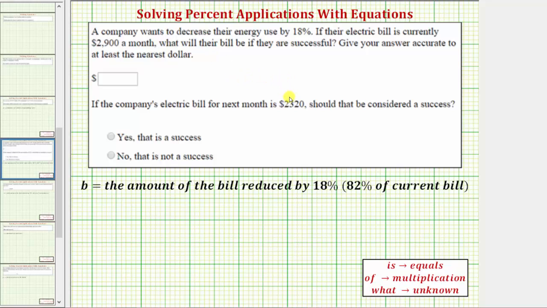We can solve it in two steps by first determining 18% of $2,900, and that would give us the amount by which the bill should be reduced. And then we could subtract that amount from $2,900 to determine the bill that will be considered successful.